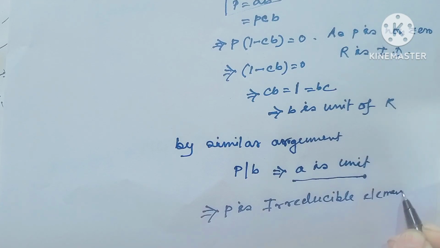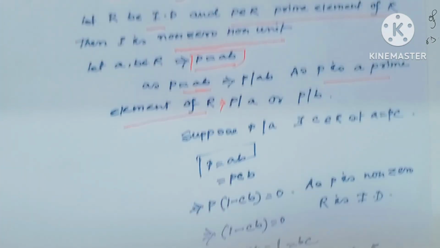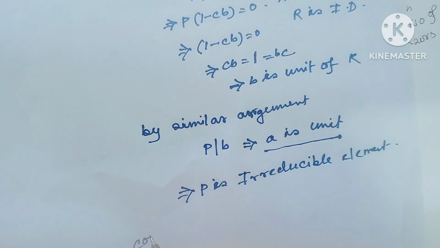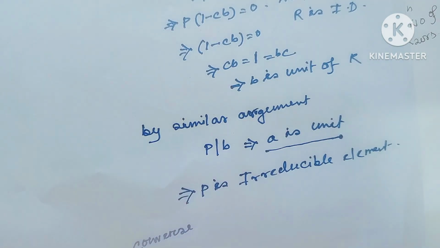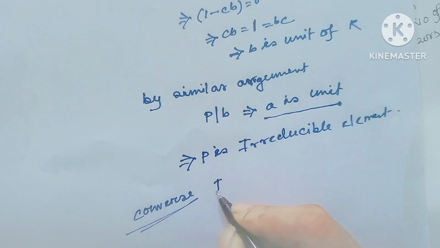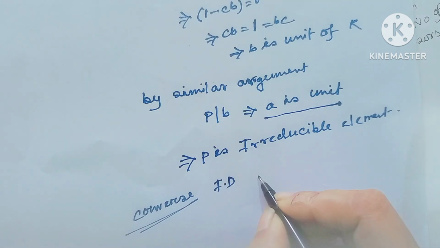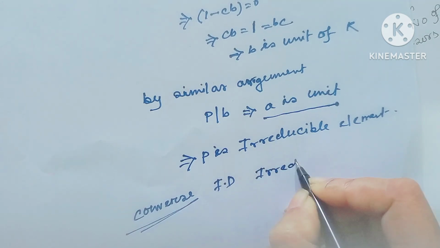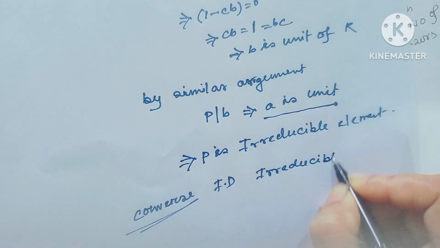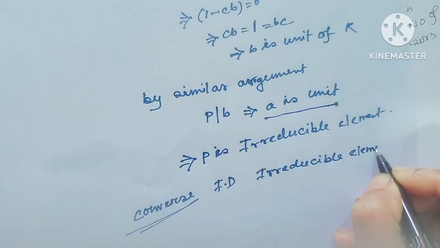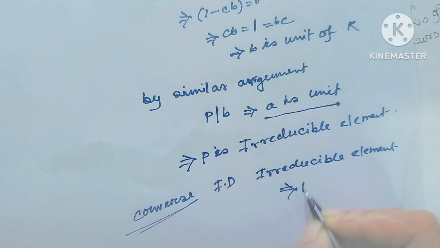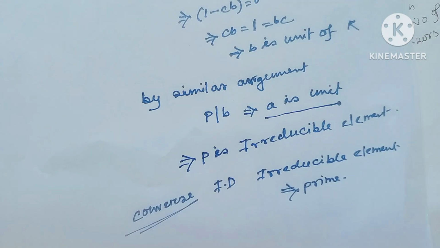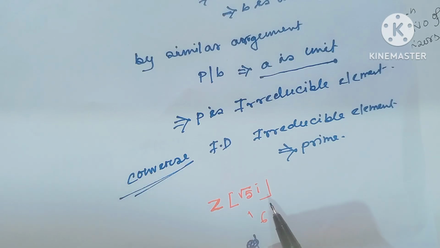That means in an integral domain, a prime element always implies irreducible. But is the converse true? In an integral domain, does an irreducible element always imply a prime element? No. Consider Z[square root of 5i] and the element 6.